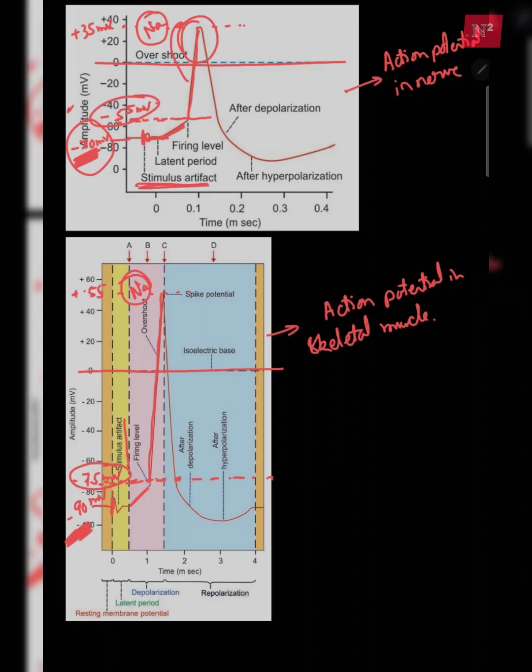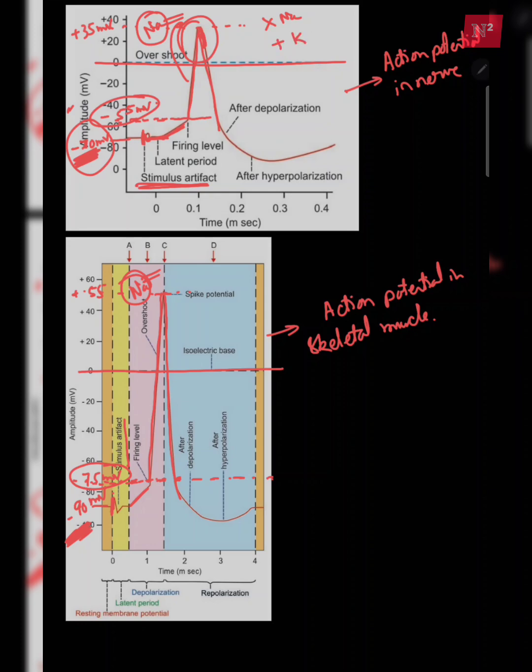Okay, now as soon as it reaches this voltage, the sodium channels start to close and the repolarization phase starts. The repolarization phase starts because of the closure of the sodium channels as well as the opening of the potassium channels.